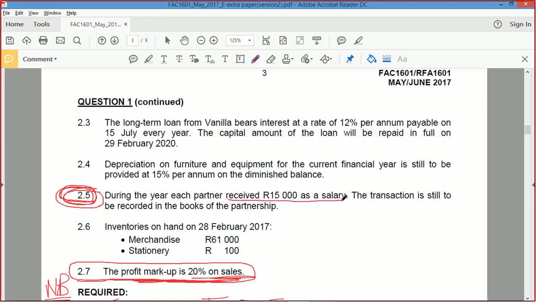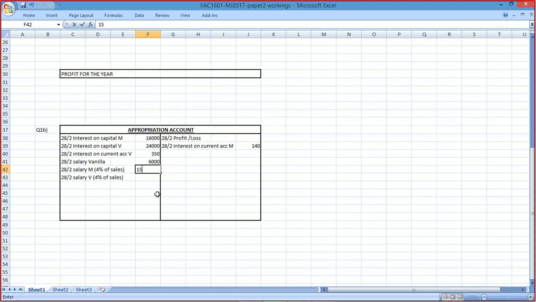Here they tell you that during the year, each partner received 15,000 as a salary. So can I put that in? Yes. Okay, so again, a side working, a separate calculation for the sales. You know that 4% of sales equals 15,000. 4% of X is 0.04X, which equals 15,000.